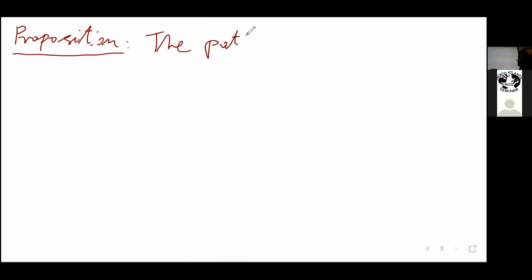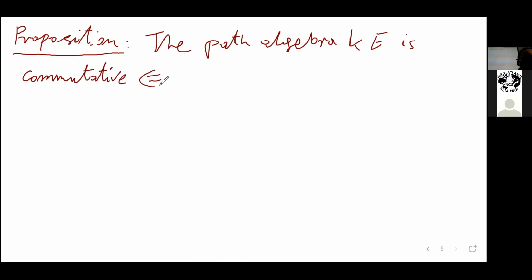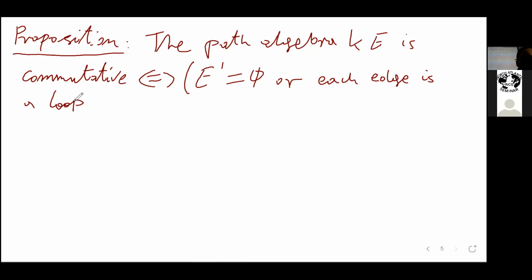The path algebra KE is commutative if and only if E1 is empty, or each edge is a loop starting, ending, which is the same thing, at a different vertex.